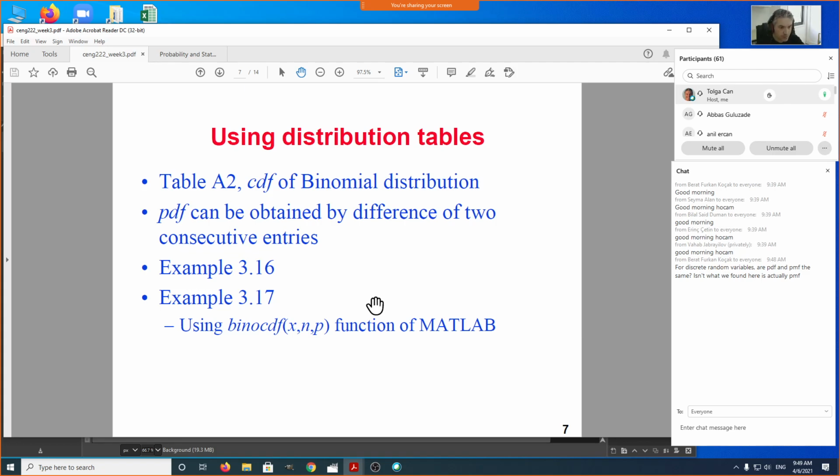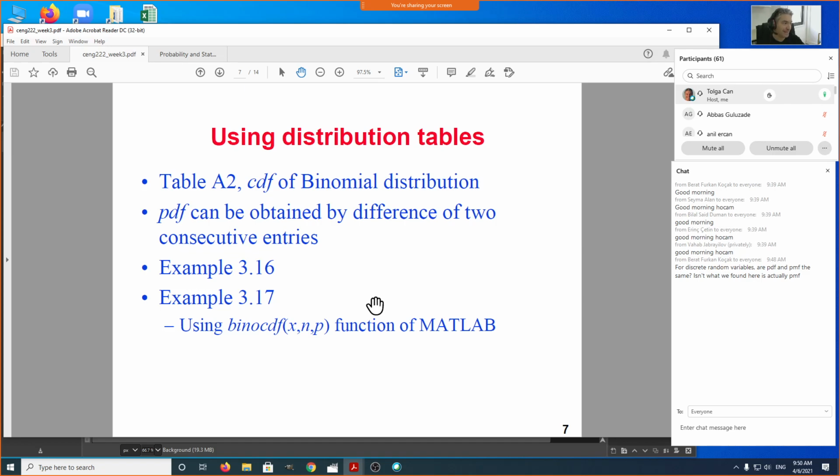So I'll get to your question now. For discrete random variables, PDF and PMF are the same. We actually use the term PMF for discrete random variables, but sometimes in some books or even in MATLAB, for example, you see that the PMF is referred to as PDF, probability density function. In order for something to be a density, I think it has to be continuous.